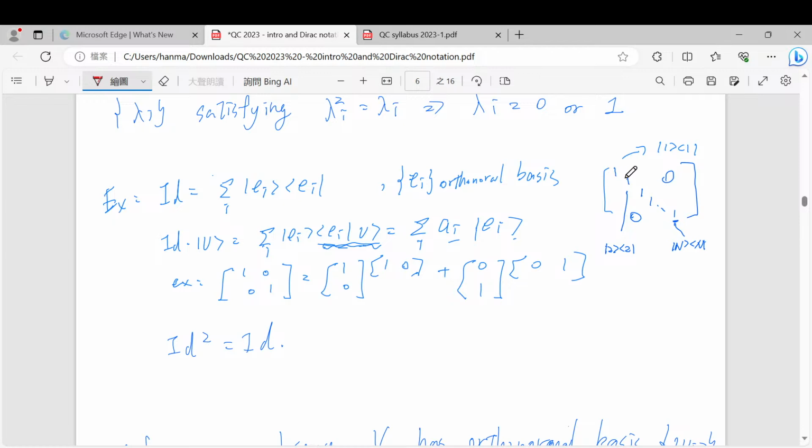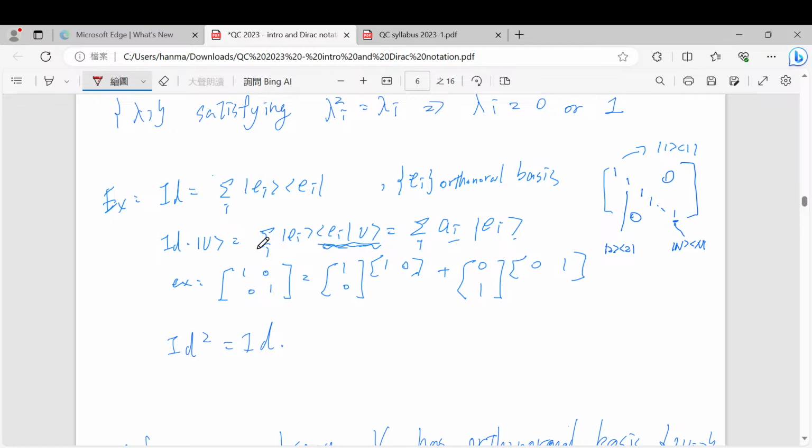For example, the first one here will be the ket of the first dimension and the bra of the first dimension, and this one will be the ket of the second dimension and the bra of the second dimension, etc. So we can write this as a summation over i and all the basis elements. Let's check again that this is actually the identity matrix.